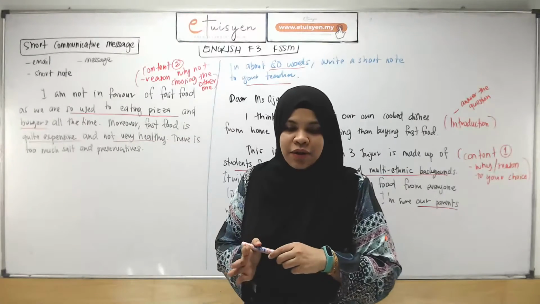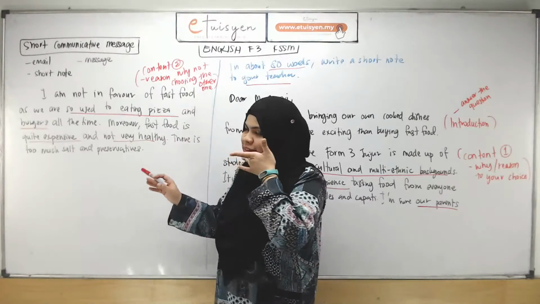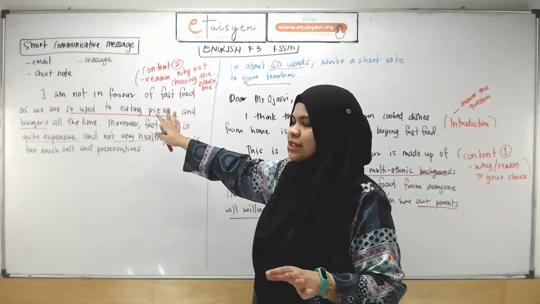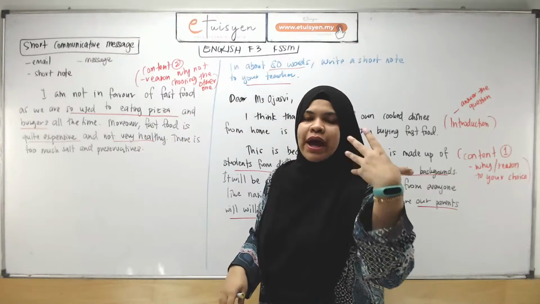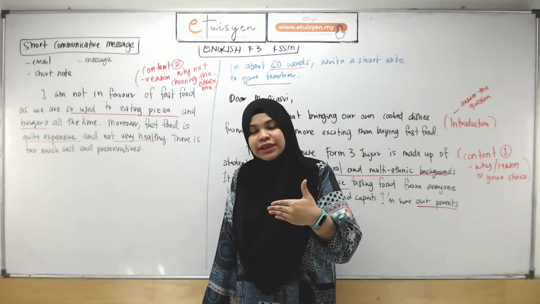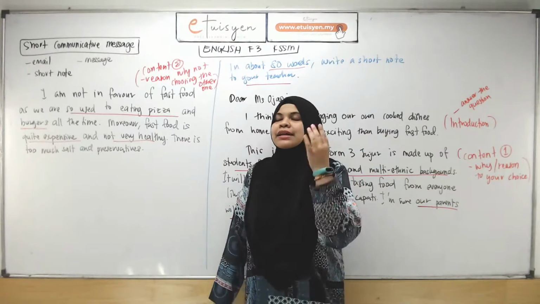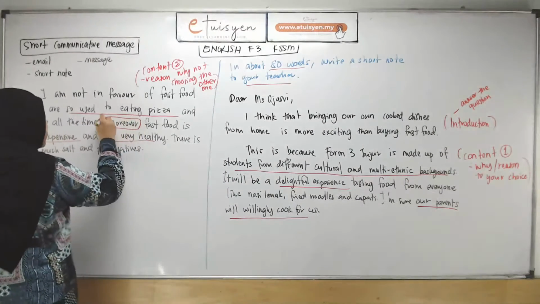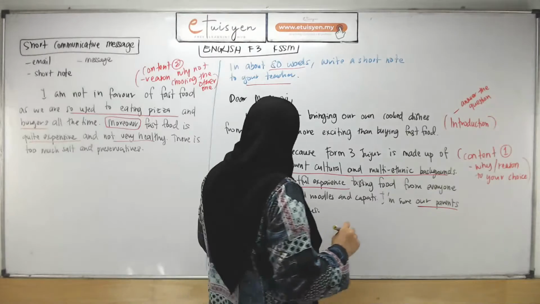Okay, alright, so now the thing is, if you notice another thing that I wanted to highlight when you write emails ataupun you write short note or messages kan, if you have points, if you have macam multiple content that you wanted to add in, now you can use these kind of words. Moreover, tadi apa tadi materi?